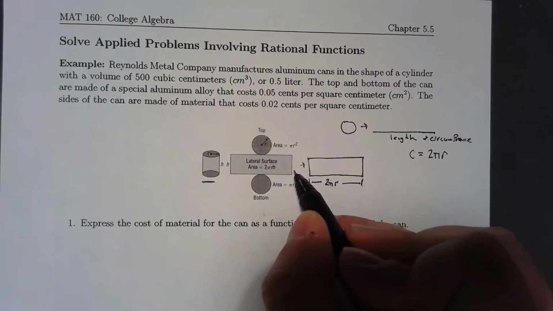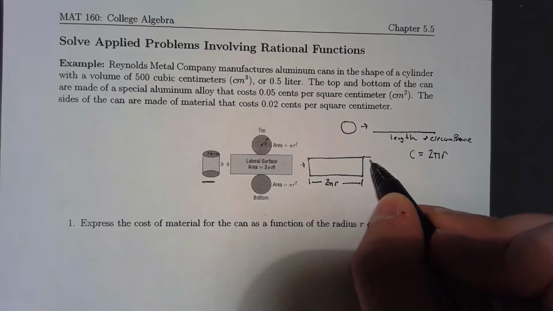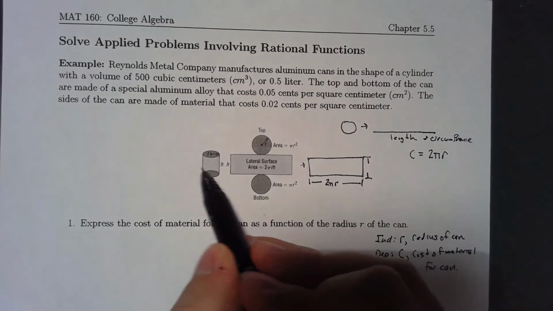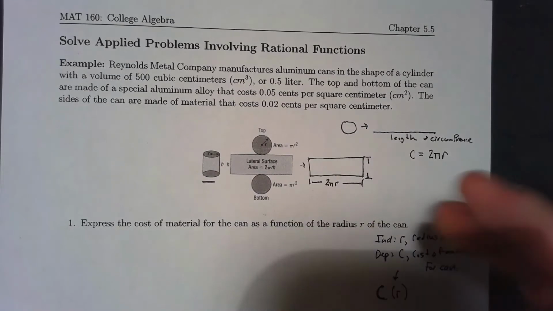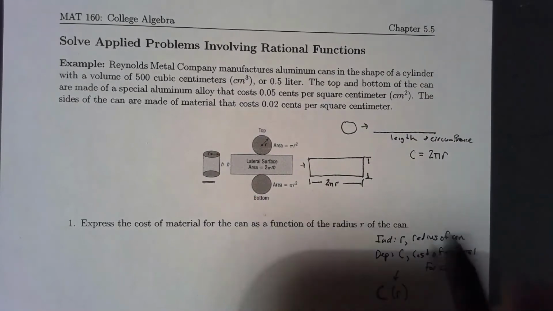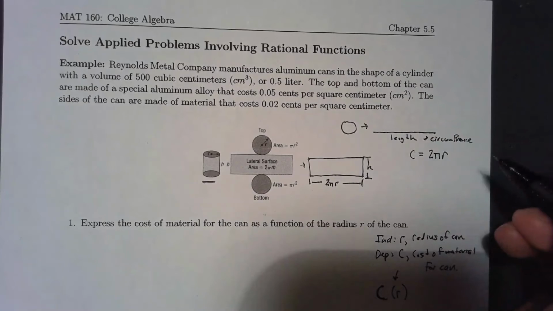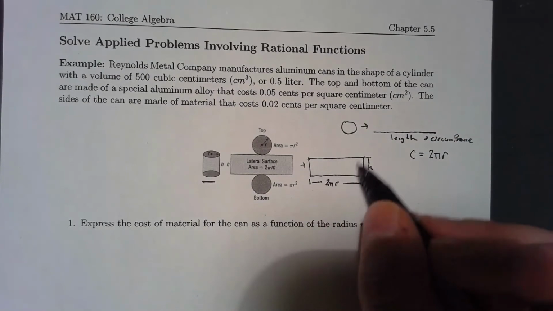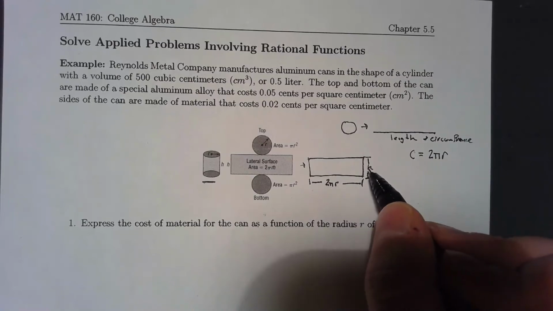And then this part right here is the height of the can. The circumference is where you cut it, but if you look at the can in a vertical direction, you're going to have a height. To find the area of a rectangle, you just take the length times the width.